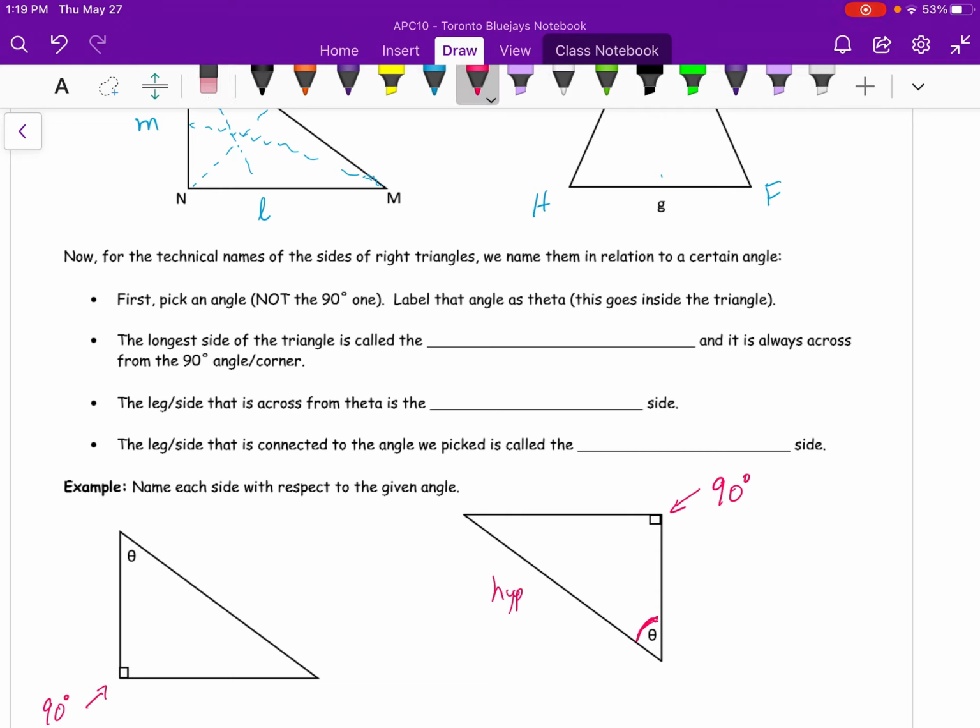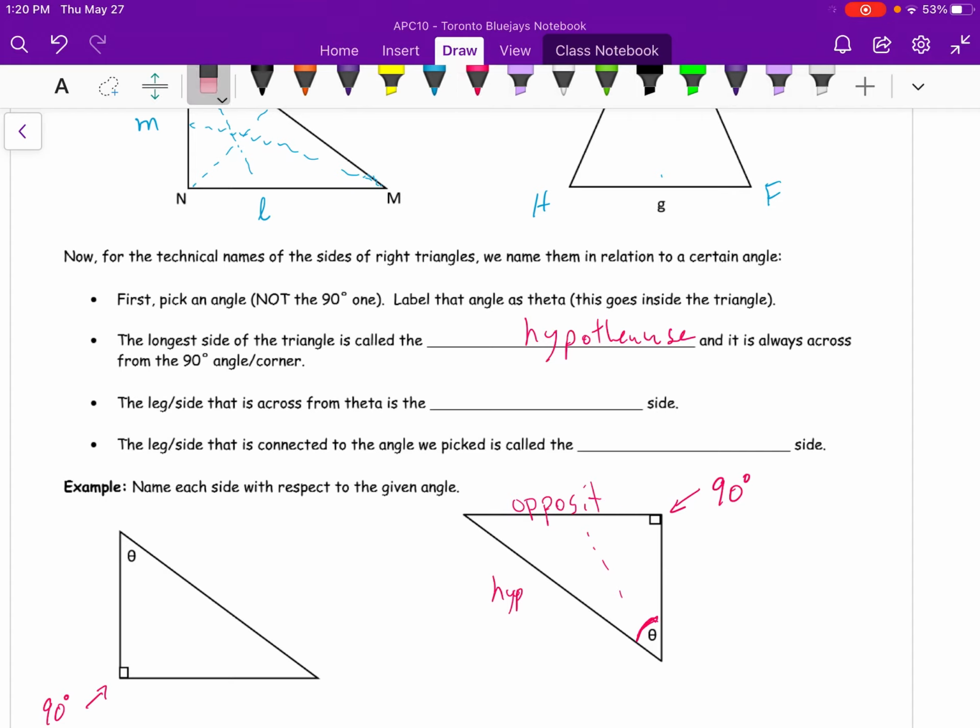Now, I'm going to label my triangle. So the longest side is called hypotenuse. And I don't know exactly how you spell that. I think it's good. The side that is across from theta is, no, I don't like that. How about this? The side that is opposite theta, why don't we call it opposite?